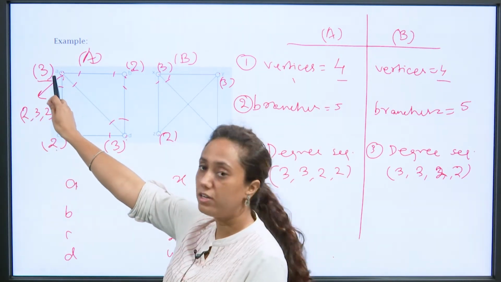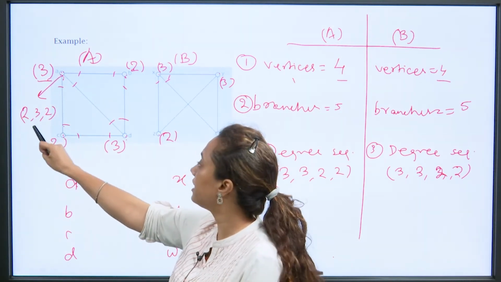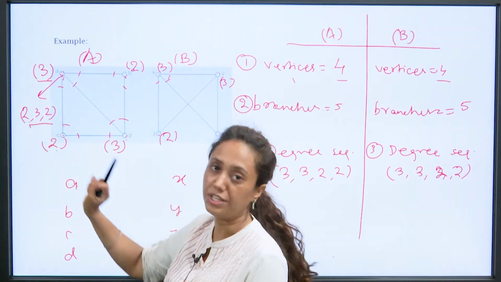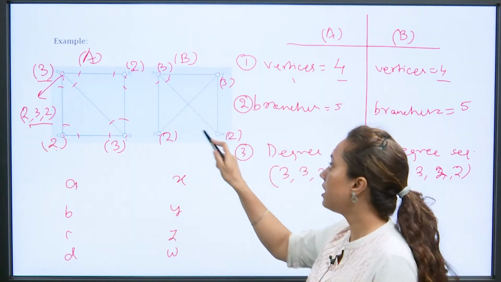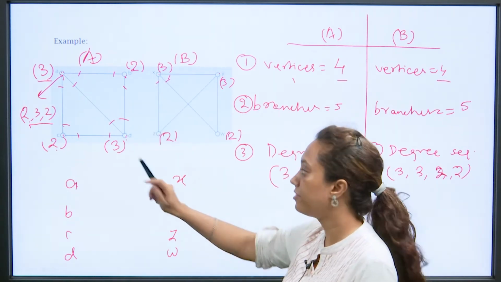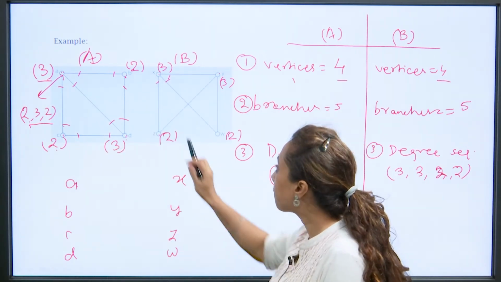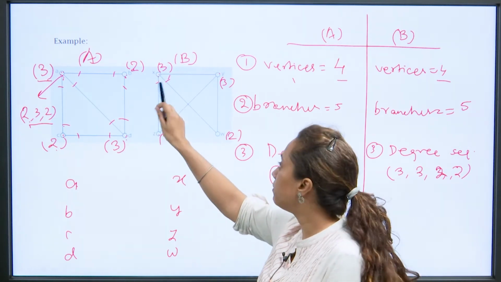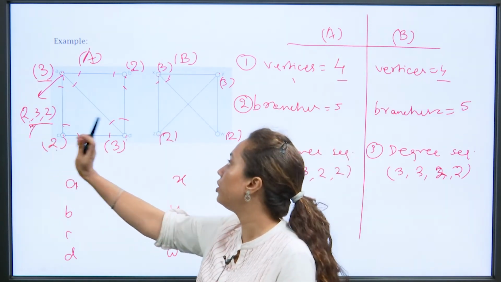So, it should have a degree of 3 and it is connected with nodes of degrees 2, 3, 2. We have to see for the corresponding nodes which have the same sequence. It should have 3 and it should be connected with the degree sequence of 2, 3, 2.